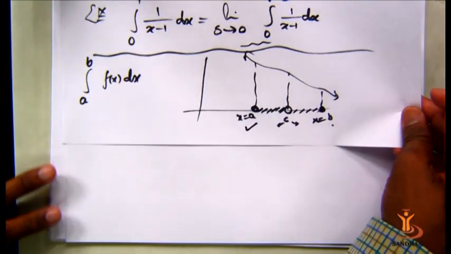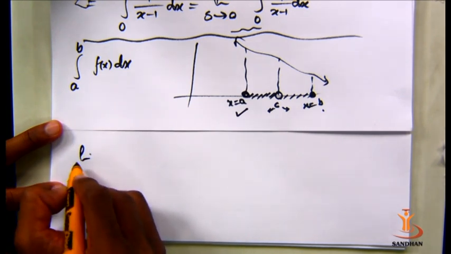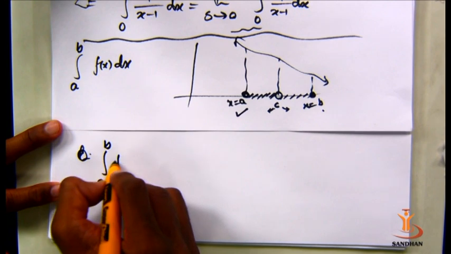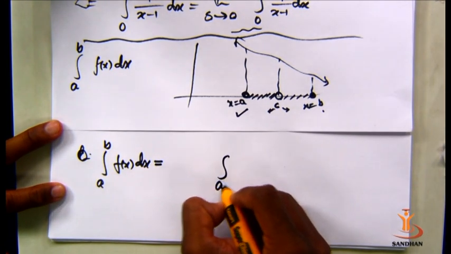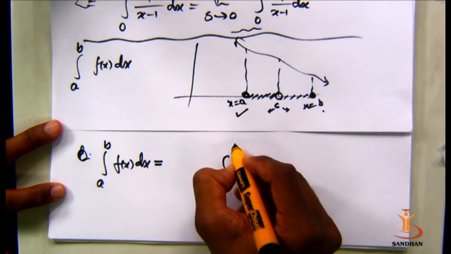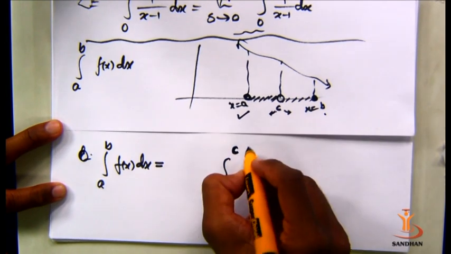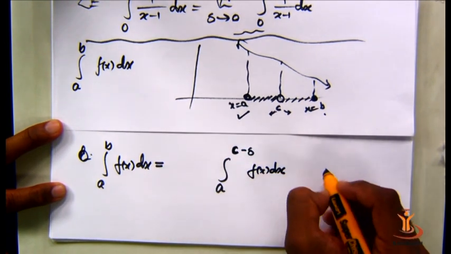See, this is what I mean by limit. Integral between a to b of f(x) dx is equal to: at a the function is well defined, up to c, but at c the function is not defined, say c minus delta, f(x) dx.